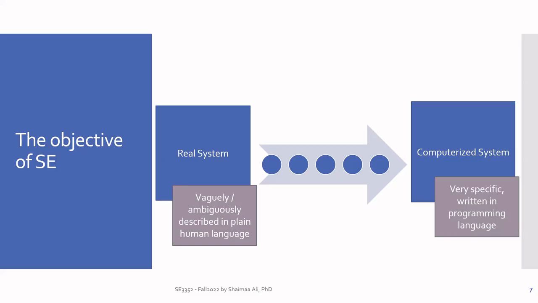Now, how can you move from vague, ambiguous, multiple interpretations into exactly one action or one meaning? How can you move from here to there? You have to choose one of those possible meanings, right? You have to choose one. And this one is the one that you're going to implement. Now, the real problem is that lots of developers just choose the interpretation that makes sense to them.